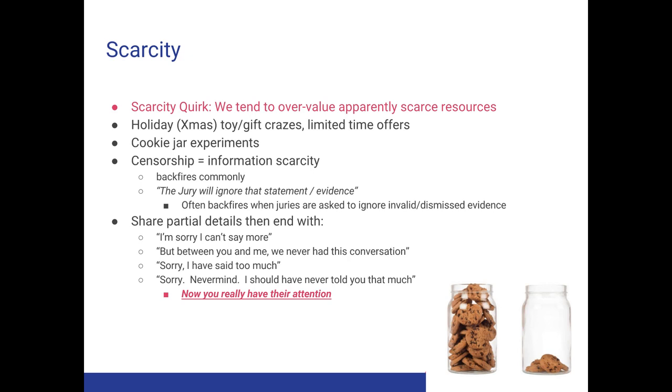But they'll fill one jar to the brim, and they'll have a very small amount of cookies in the other one. And the experiments repeatedly find that people always go for whatever looks like the more attractive cookie, or they judge the attractiveness based on how little of it there is. So they see fewer cookies, and they instantly conclude that, hey, this must be the one that everyone else is choosing, so I better get it before it runs out.